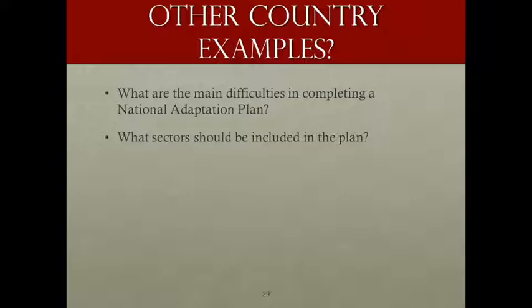for example, we had a hard time with the health part, public health. So when we approached the Ministry of Health and said, hey, we need to plan for adaptation to climate change, they said, what? What is that, adaptation to climate change? I have enough work now, I have enough problems now, dealing with public health, dealing with keeping our hospitals open, dealing with keeping enough medicines in our hospitals. So I have enough problems, don't bring me a new problem. If your problem is 50 years from now, then I don't care about it.